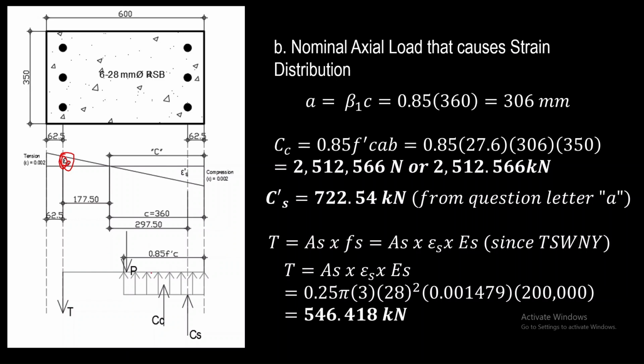After computing the compression due to concrete, due to steel reinforcement, and the tension force, we are going to equate and take a summation of forces. The sign convention, up and down, should be taken into consideration.